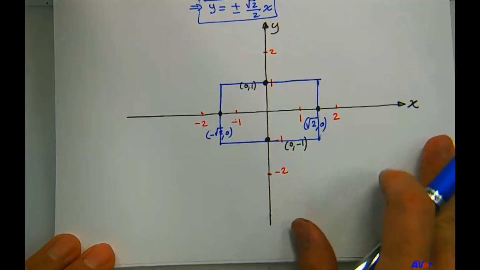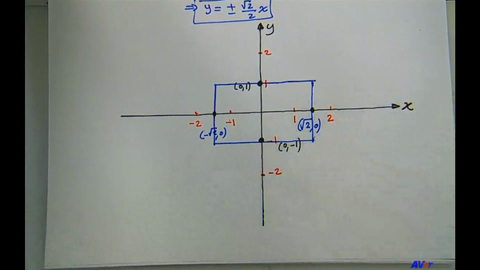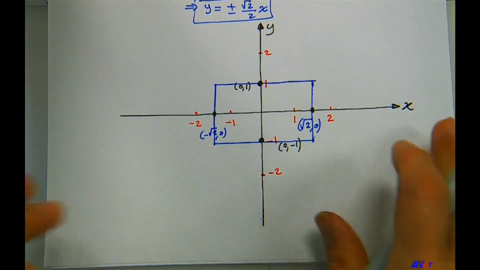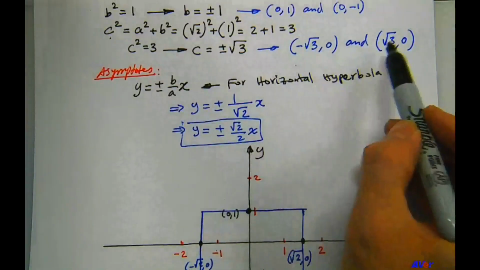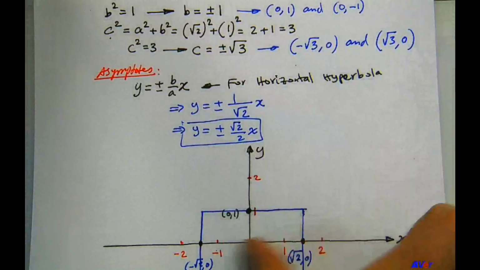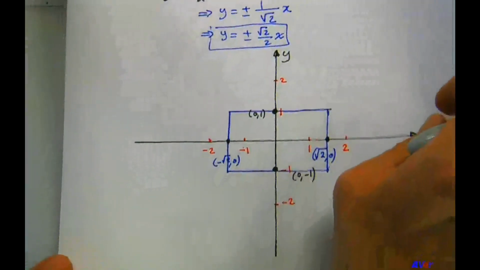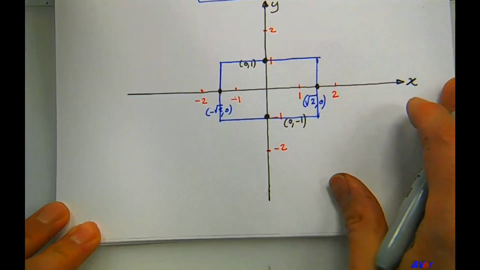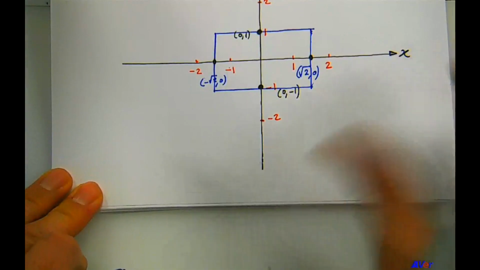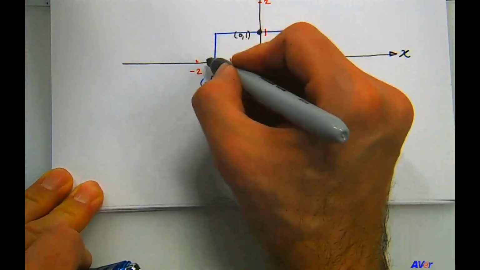Okay. So this being a horizontal hyperbola, the focal points would be at these locations, which are plus or minus square root of 3 comma 0, which we just saw in the calculator. It's 1.73 something, right? So 1.73 something, that would be less than negative 2 and less than positive 2.